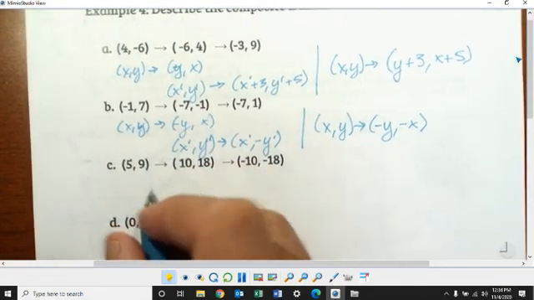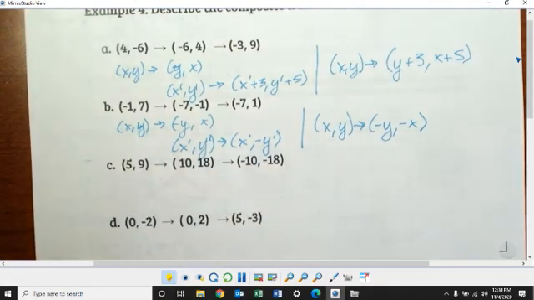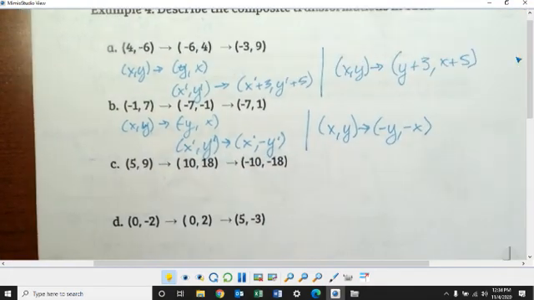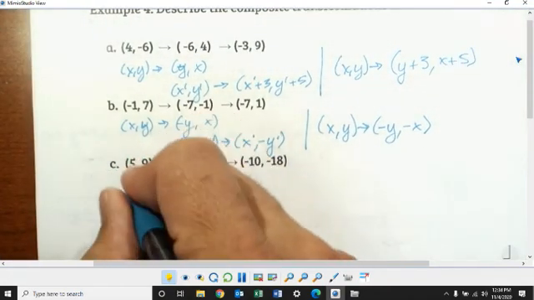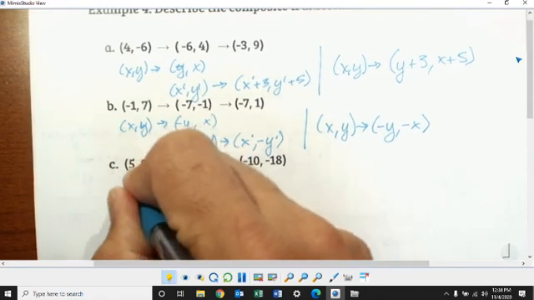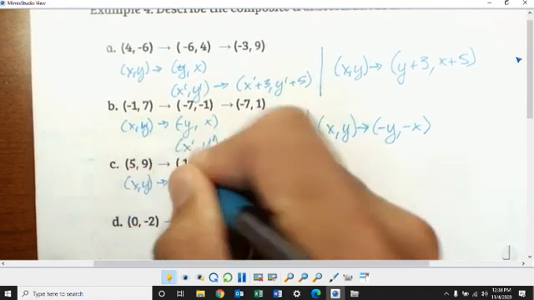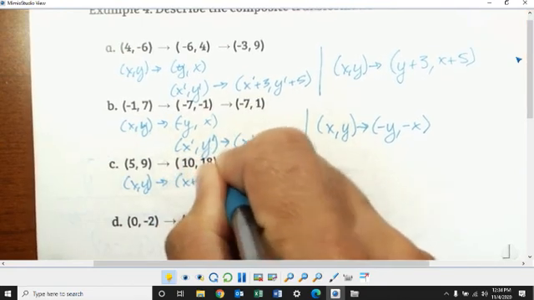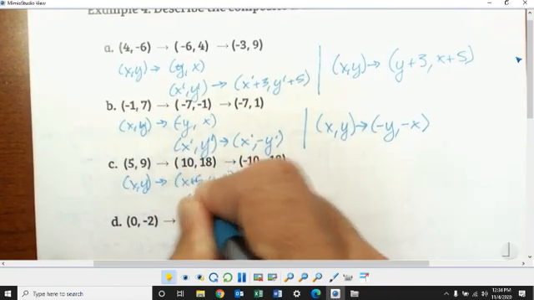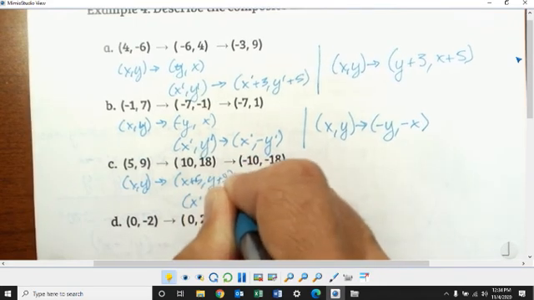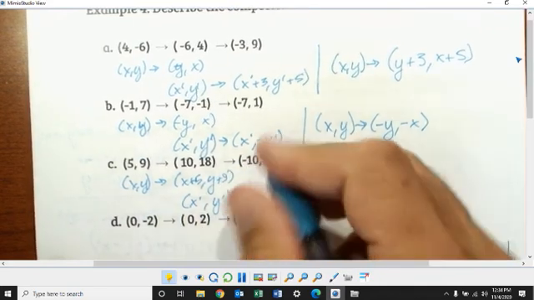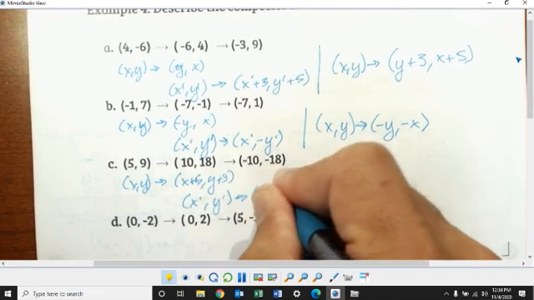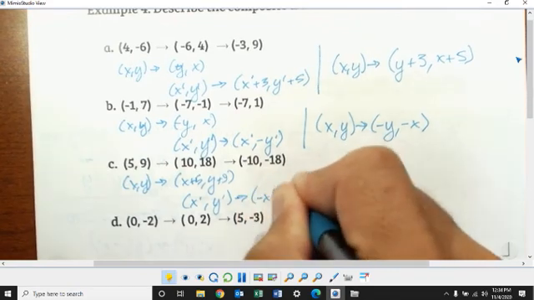On C, this first one is a translation. So this x, y becomes x plus 5, y plus 9. All right, so that x prime, y prime, it looks like they just both changed signs, so negative x prime, negative y prime.